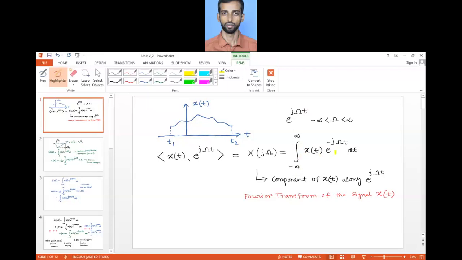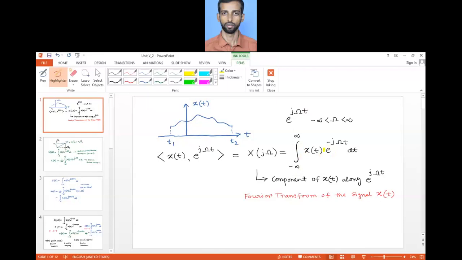And this is a kind of representation where the vector space dimension is uncountably infinite. So it can be countably infinite or uncountably infinite. For a periodic signal, we have noticed that the number of frequency components present within the signal is countably infinite, like omega naught, twice omega naught, thrice omega naught, 4 omega naught, 5 omega naught, and so on and so forth. So plus minus k omega naught, where k can range from minus to plus infinity.